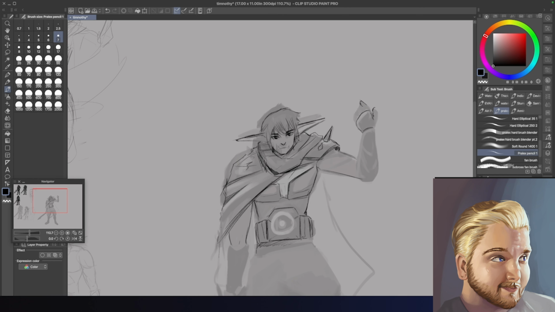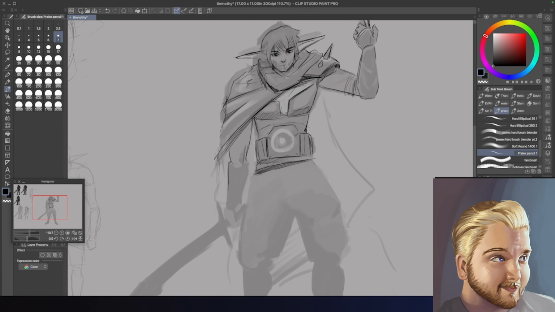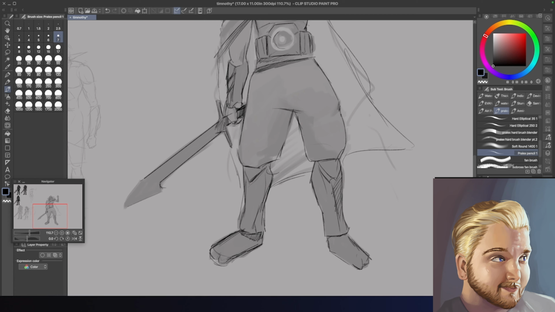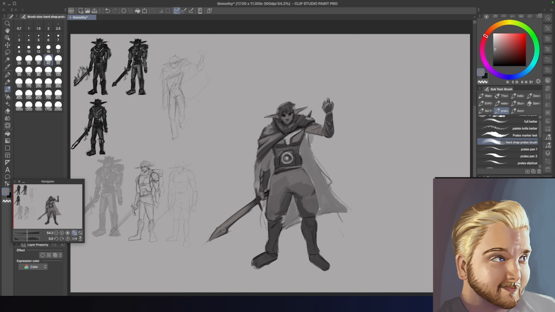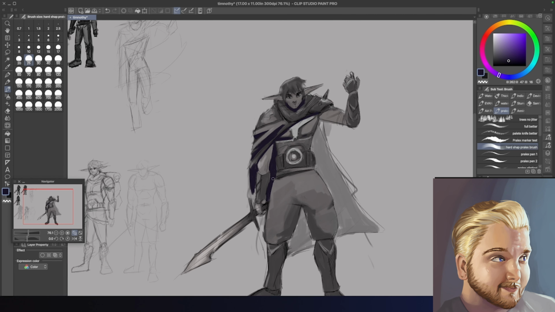You can also see that I have very long ears for my character, similar to the Jak and Daxter series. I've had a few people bring up that it does look like a Jak and Daxter character. That is because I love the Jak and Daxter ear style in the video games.